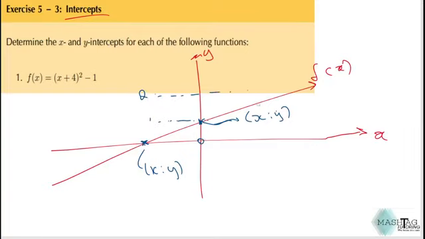So when you're looking at the x-intercept, which is where the graph is cutting the x-axis, then your y is 0. Well, because it could be 1 or 2, but it's right here.